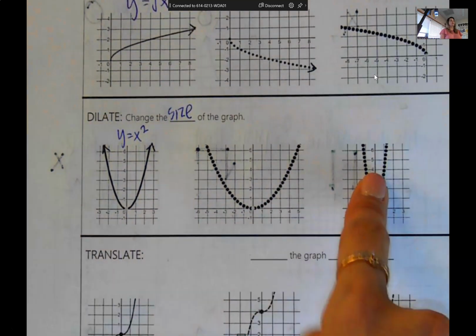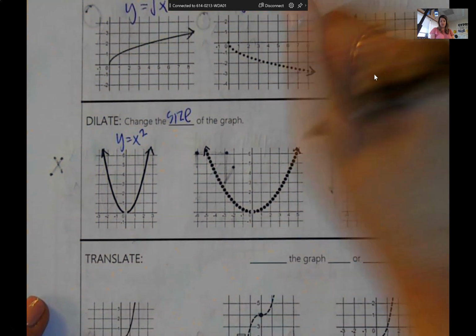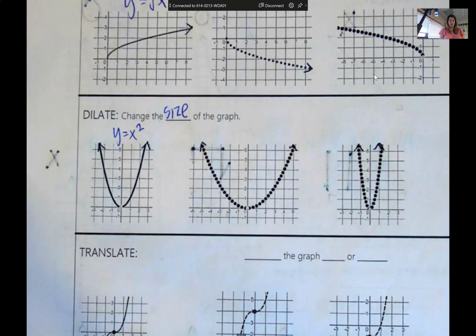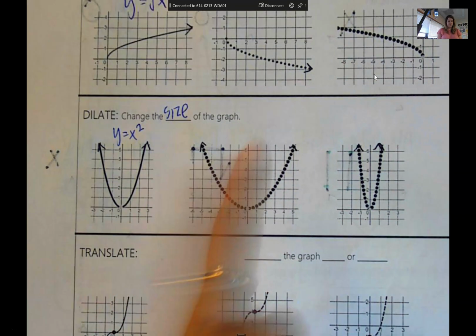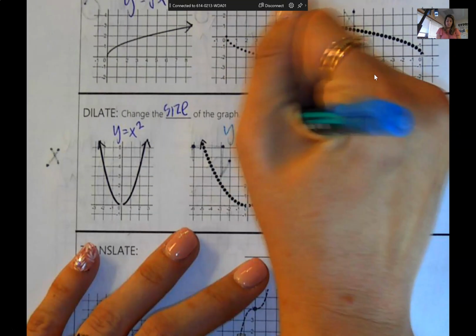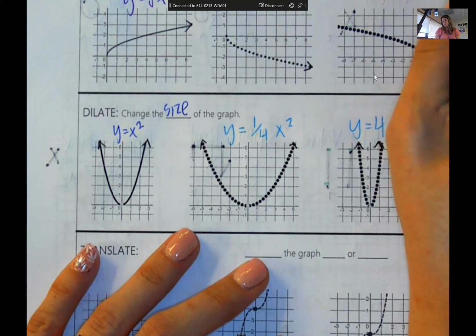This one looks smaller or more narrow. Unfortunately, this is another stupid opposites one. So turns out that this guy is y equals 1/4 x squared, and this guy is equal to 4x squared.